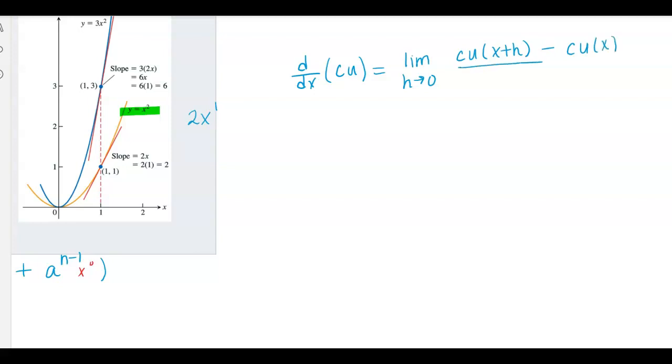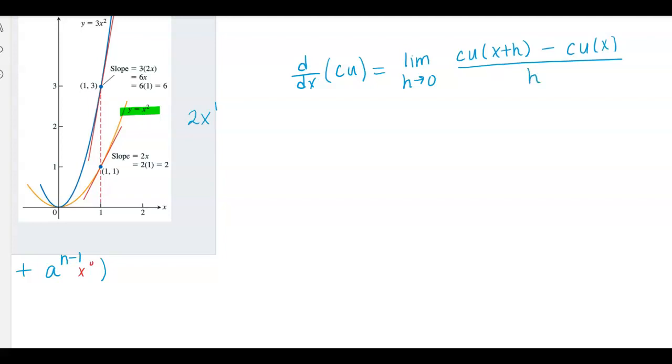So I've got u of x as the function, and I've plugged in u of x plus h, and I've plugged in u of x, and both of them are being multiplied by that constant c in the front. And then we've got h down here.